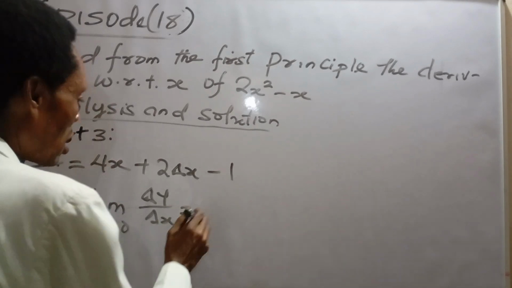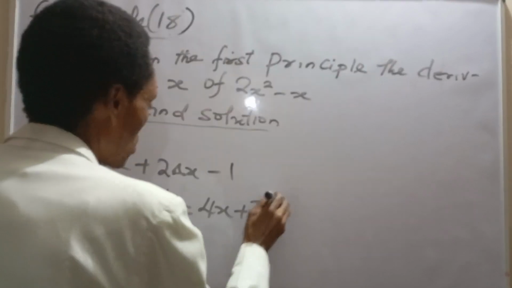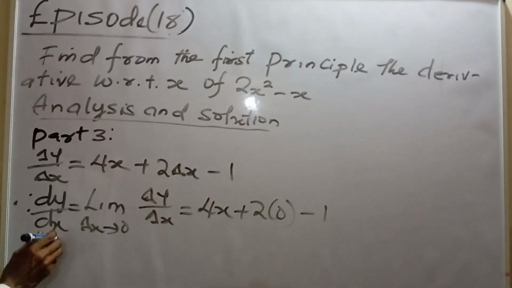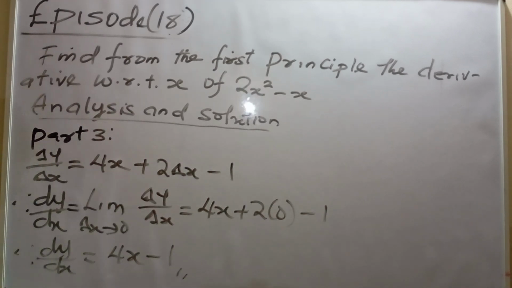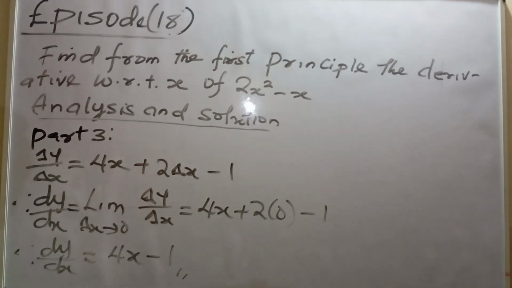Equals what? This is 4s plus 2 times 0, because this is delta s, minus 1. So therefore now, your dy all over ds equals, if we turn this to 0, you are now left with 4s minus 1. I think this is the answer to it. Okay, so you have discovered that our dy ds, so by this place, you say dy ds, because that is what we are looking for.